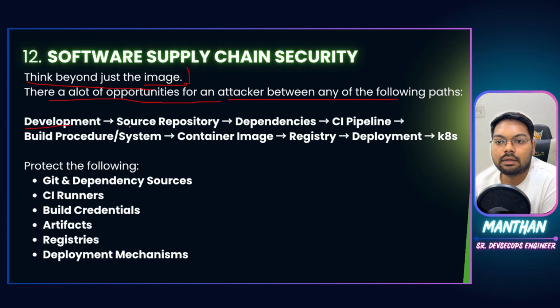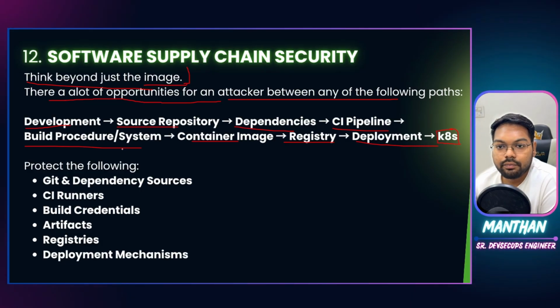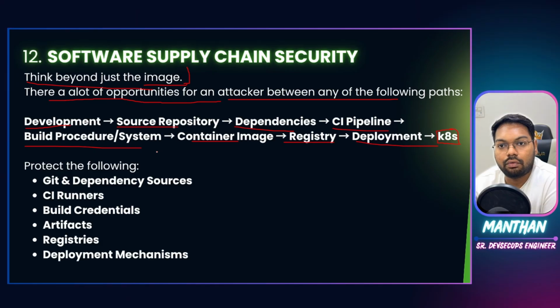When you are developing, there are the code and the libraries in the source repository, the dependencies that you use, then the CI pipeline, the build system, the container images, the registry, the deployment workflow, and finally the cluster. This is the entire path where an attacker can attack.